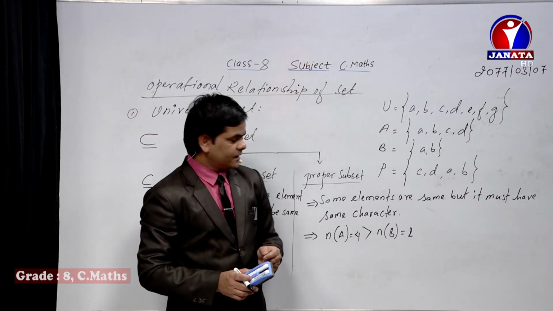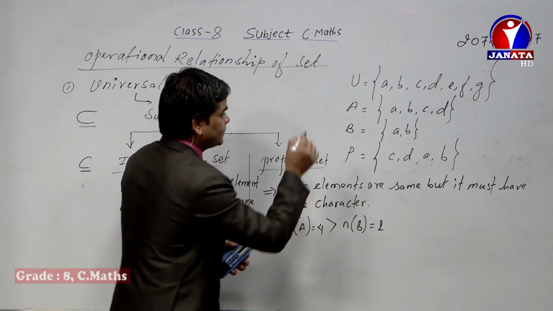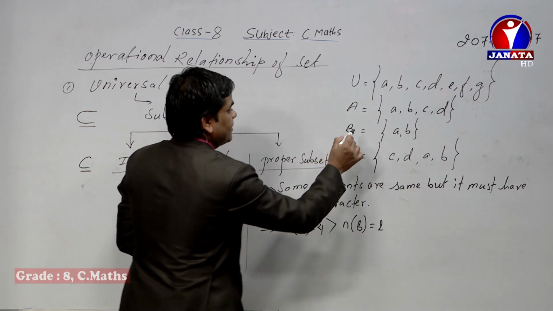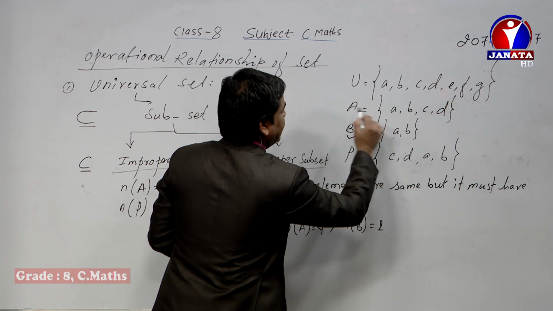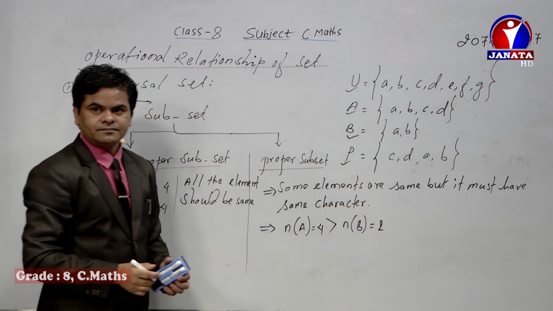So in this way we define the proper subset, and the sign for a proper subset is: B is the proper subset of A as well, P as well, and then U as well.